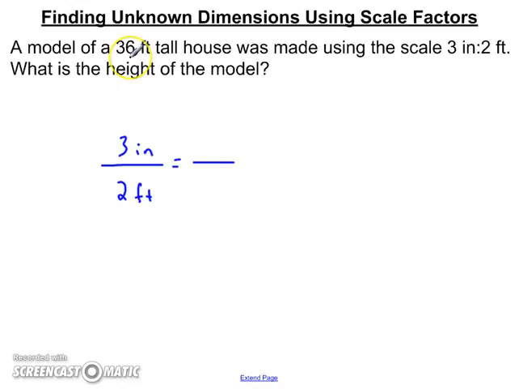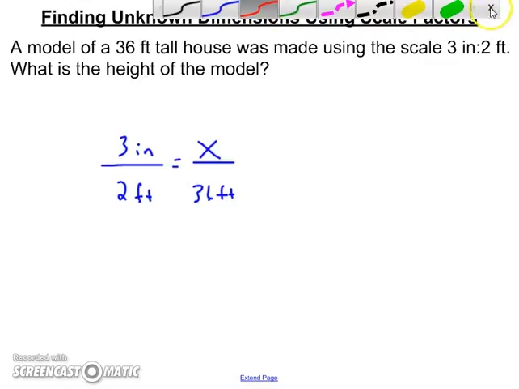So now we know that the model of a 36-foot tall house, so 36 feet, is going to go down here, because down here we're talking about the sizes of the actual object. Up here, we're talking about the sizes of the model, and we are trying to find, I'll just use x. You could use H or M, two other good choices for variables in this case.